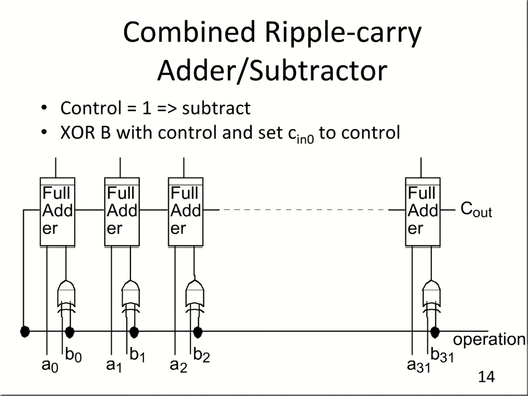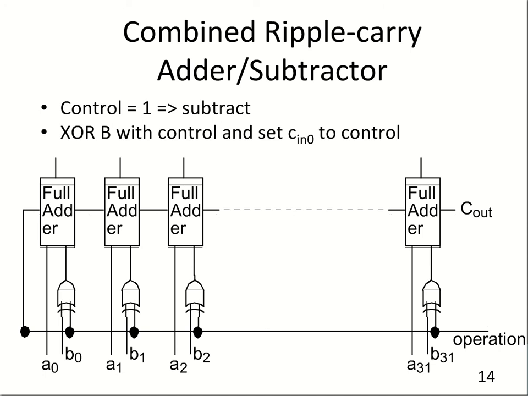We can combine both adding and subtracting into the same piece of logic by adding a control signal, which whenever it's set to 1 will trigger a subtraction, and that control signal is used to govern an exclusive OR gate that now replaces the inverter shown on the previous slide. An XOR gate has the property that if the right-hand input in this case is a 1, it'll invert the left-hand input.